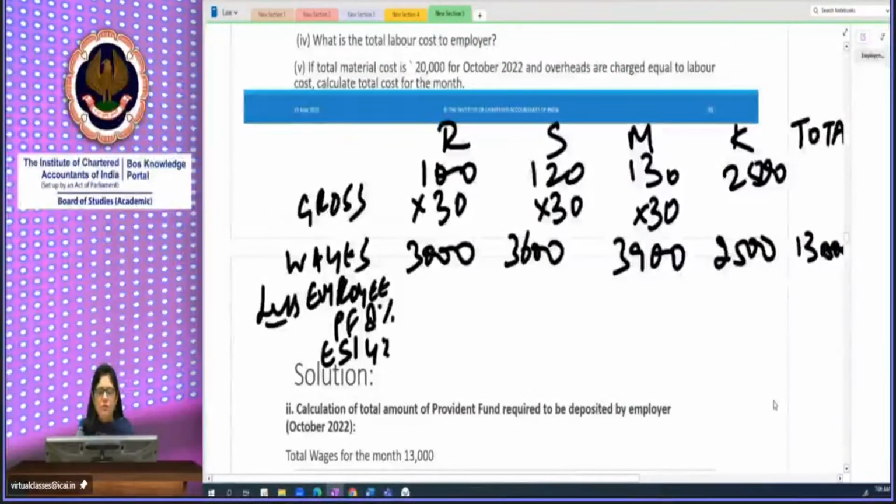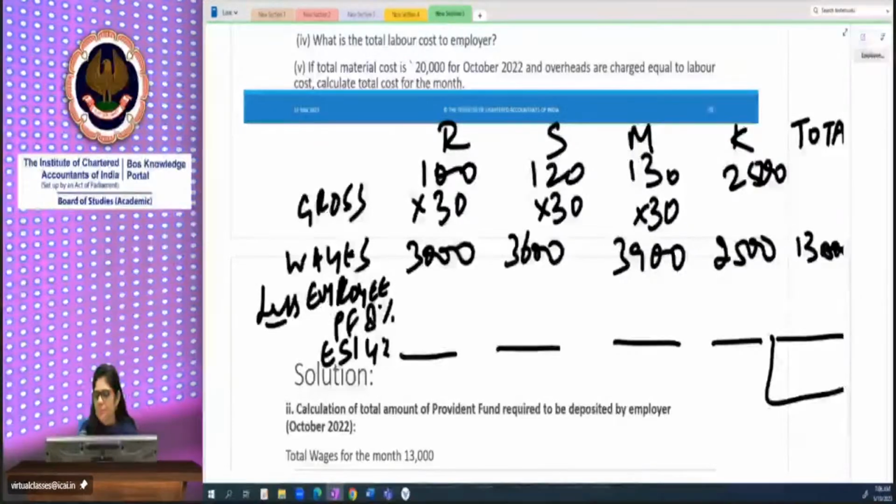So that you have to deduct. Can you tell me the net salary of Ram, Shyam, Mohan and Kundan after deducting provident fund of 8% and ESI of 4%, the salary per employee and the total?